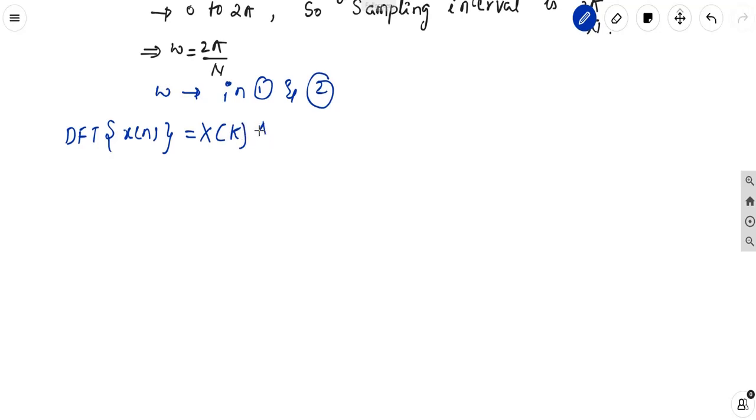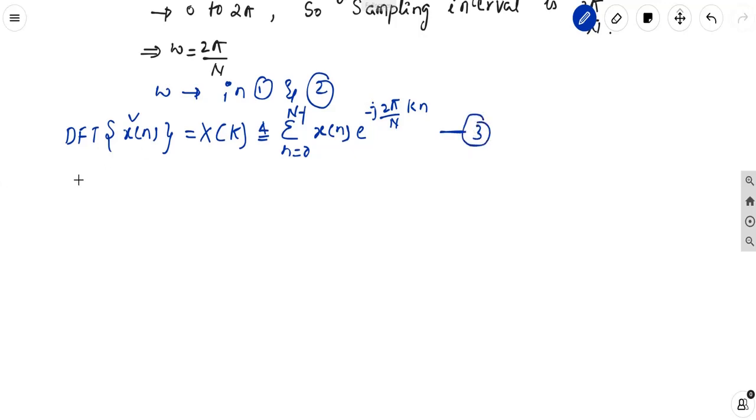By definition, this is equal to summation n equals 0 to N minus 1. On which signal are we doing the DFT? It is x of n, e to the power of minus j 2 pi by N kn. This one we will take as equation 3.